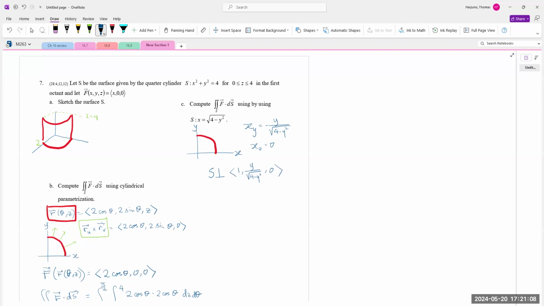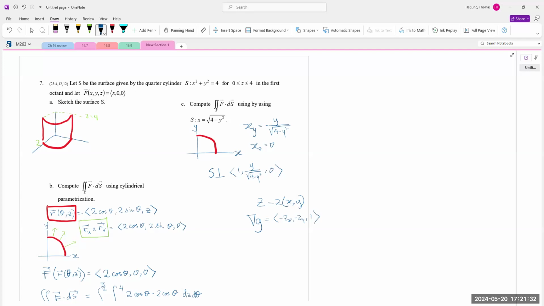Remember, if we have z as a function of x and y, then the gradient of that, the augmented function that is normal to that surface, is negative z sub x, negative z sub y, comma 1, right?